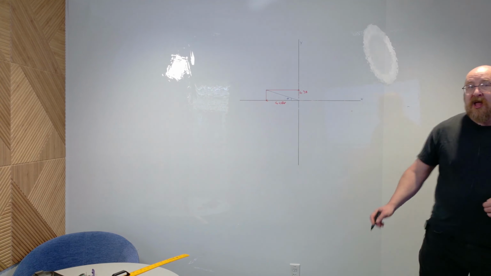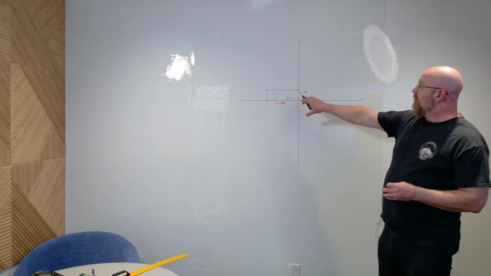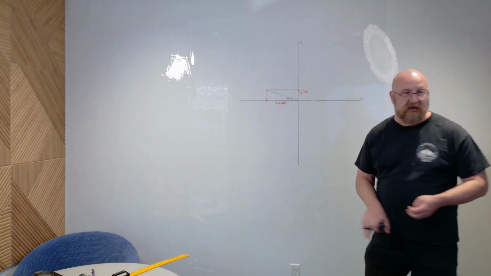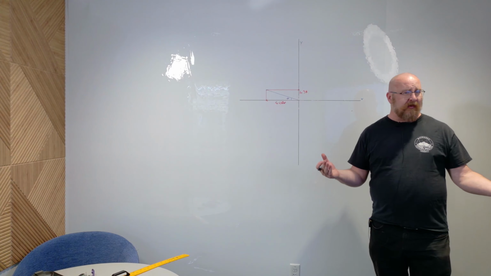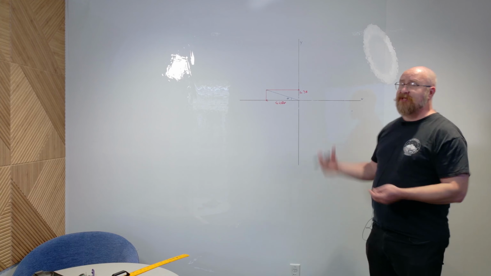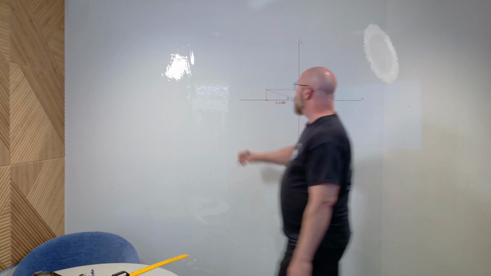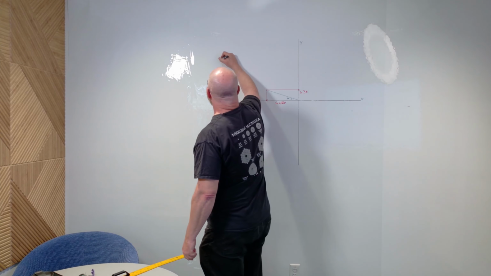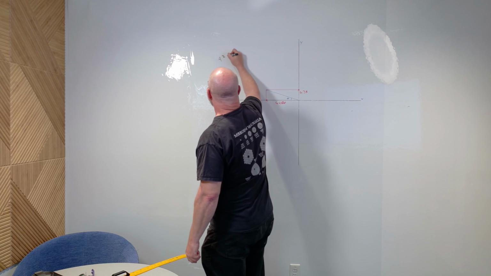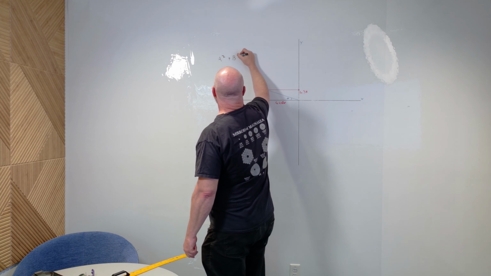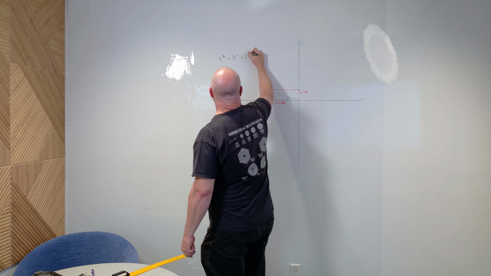So, all right, the way that we do this: we've got two sides of the triangle, so we can figure out the third side just using the Pythagorean theorem. We're used to seeing a squared plus b squared equals c squared, right?